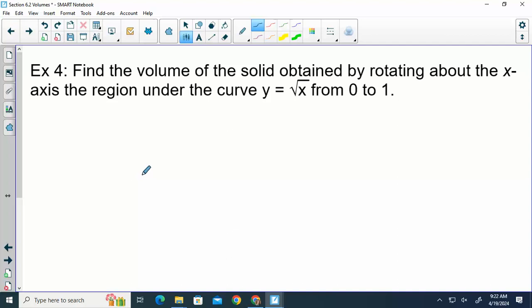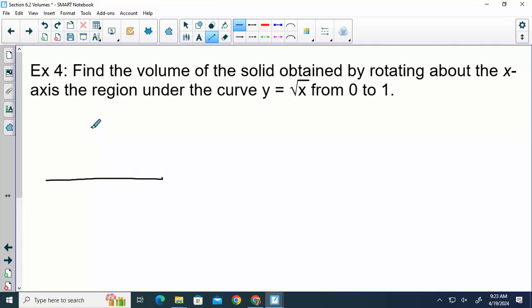Find the volume of the solid obtained by rotating about the x-axis the region under the curve y equals the square root of x from 0 to 1. All right, so my function is the square root of x.